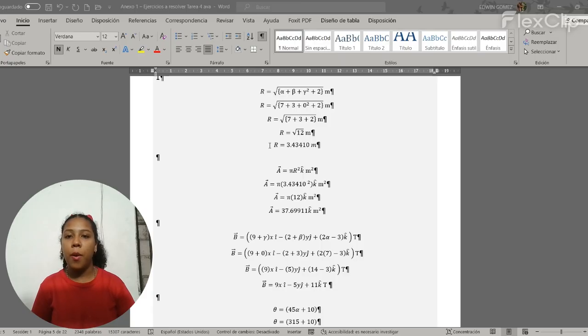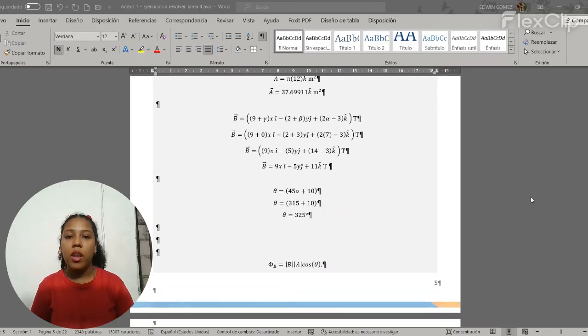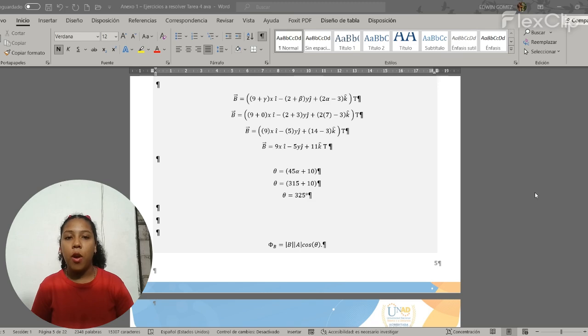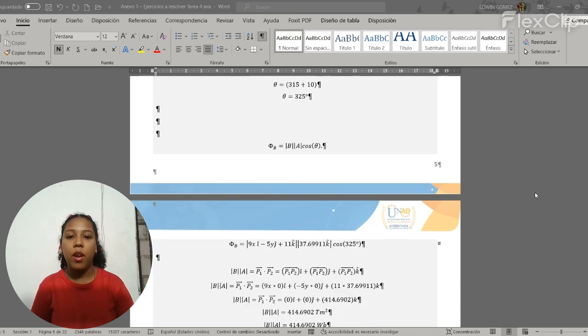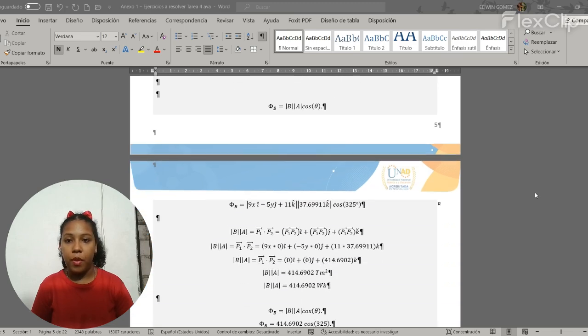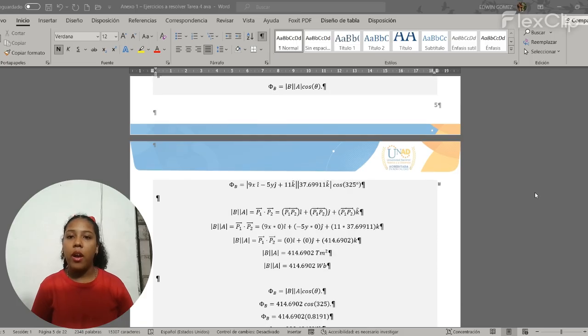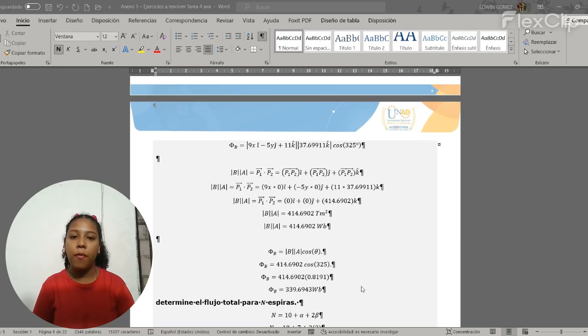This allows computing the dot product between the magnetic field and the area vector. The angle between the field and the area vector is obtained, and with this information the magnetic flux from one loop is obtained using the cosine-based formula.